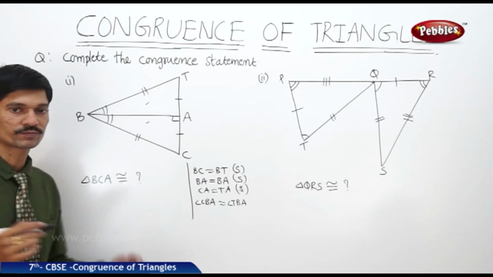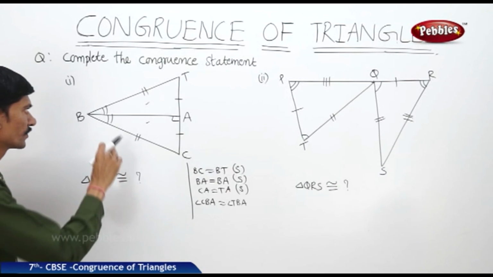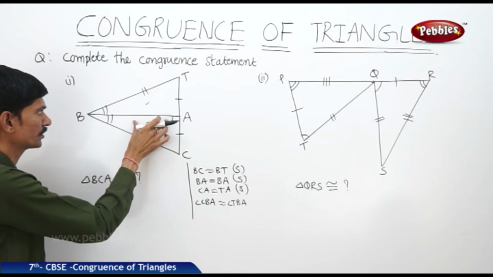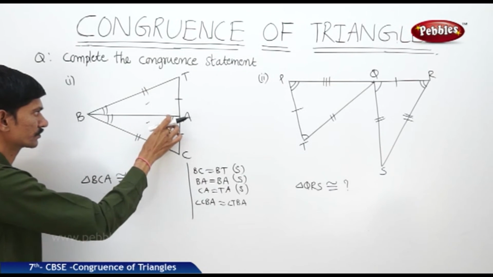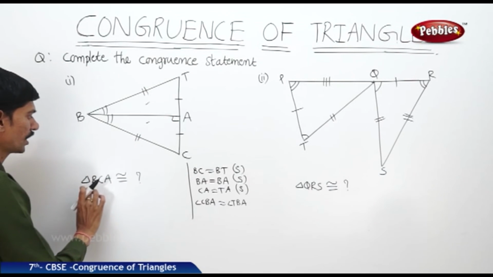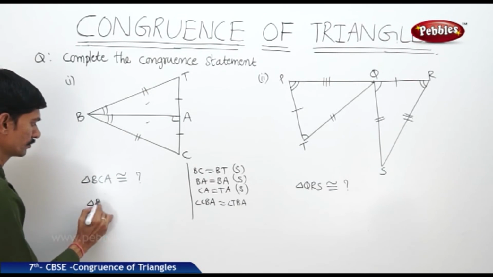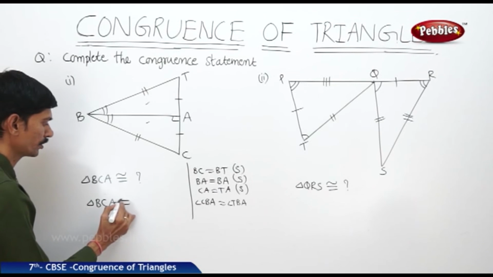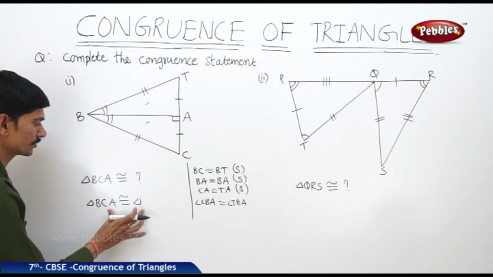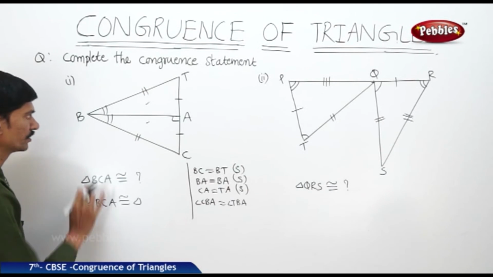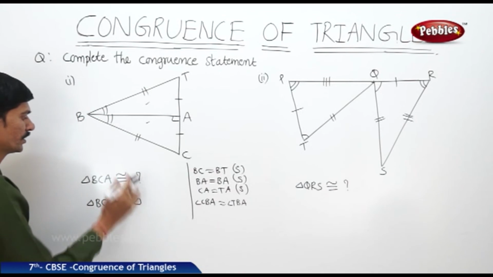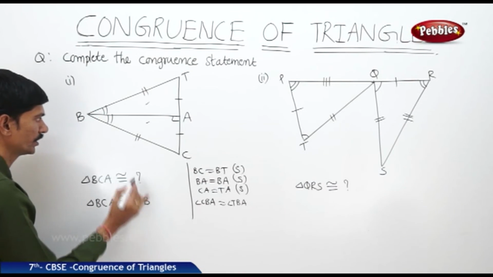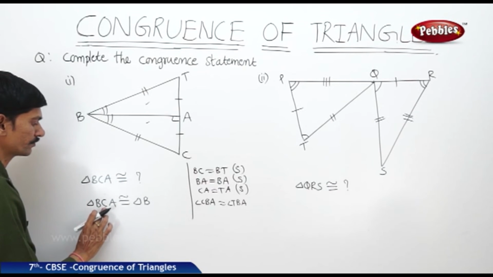Now what are the corresponding parts? Here BA is the common side and B is the common vertex. Then triangle BCA is congruent to triangle. Now what is the corresponding vertex of B? The corresponding vertex of B is B itself. What is the corresponding vertex of C?